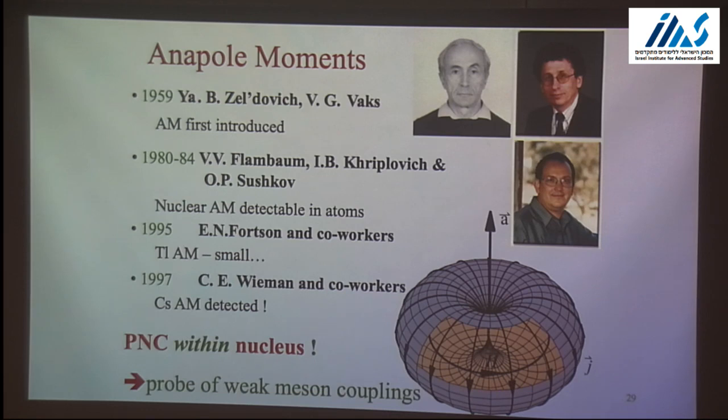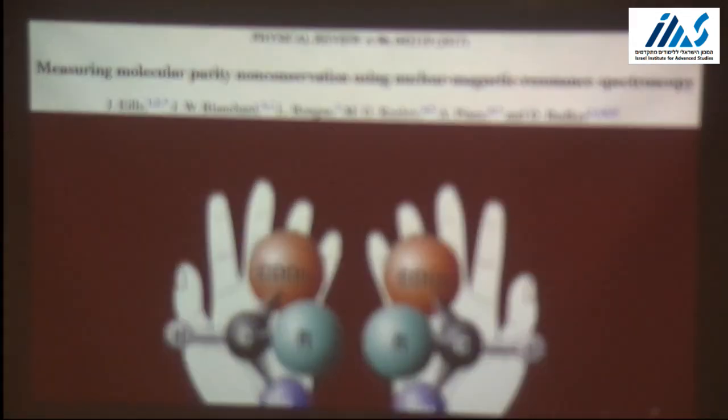And people started looking for it. The first measurement was done by Norval Fortson in Seattle, and they did not actually observe any effect in thallium. And Wieman and company discovered it in 1997, and there is actually still a certain amount of theoretical tension about why this is. So it depends a little bit on whom you talk to, whether it's a serious tension or not, but it's clear that it's interesting to do measurements in other systems, and that's what we're working on.